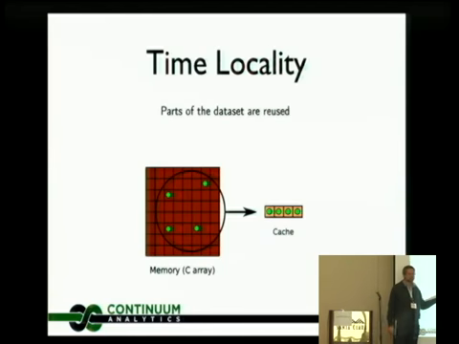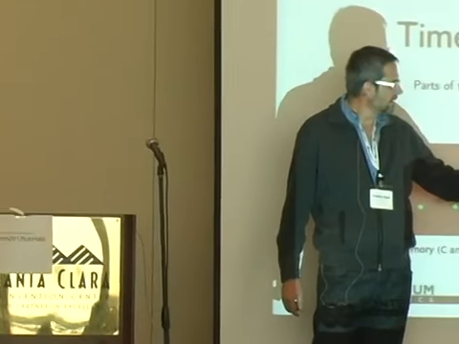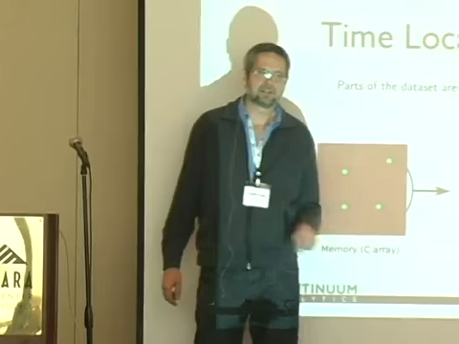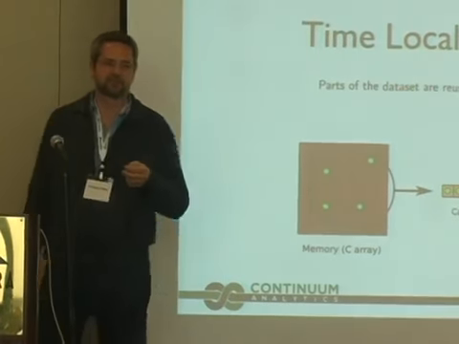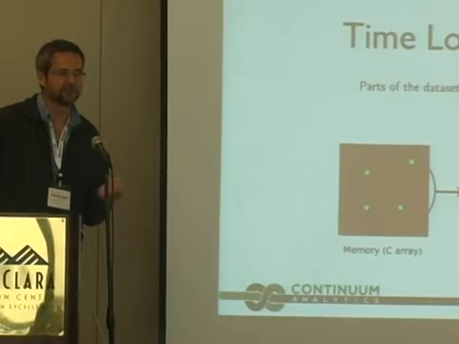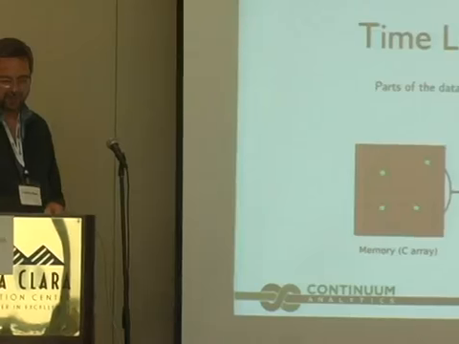The first time we access them, the CPU needs to fetch the elements directly from memory, and that takes a lot of time. But the second time the CPU accesses these elements, they are already here in the cache. So the next time the CPU needs these elements, it only needs to go to the cache to fetch them. So it's much faster. This is temporal locality.